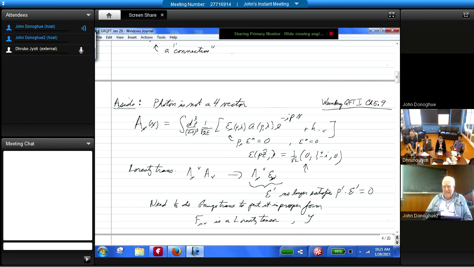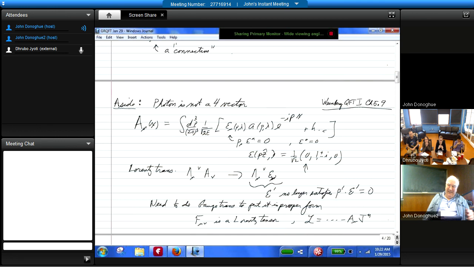My answer to the reason why you deal with the gauge potential is that the Lagrangian has a piece in it which is minus A mu J mu, and covariant derivatives have that also. Is that not a good answer for you? No, that's fine. There's no other way to construct the interaction with the field tensor instead of with the gauge potential. Right.